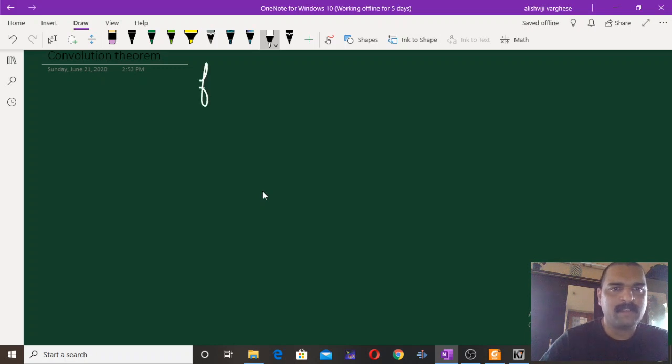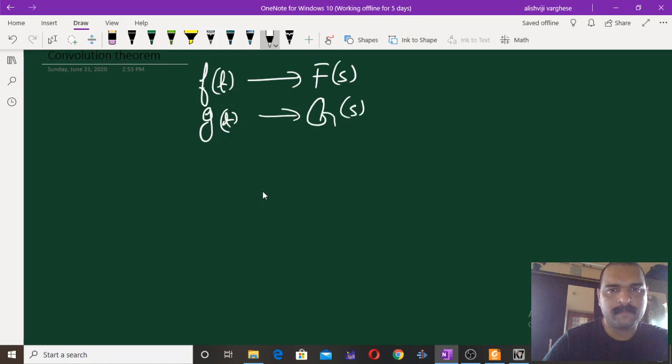So let us have a function f of t, which has a Laplace transform F of s, and another function g of t with Laplace transform, say capital G of s.